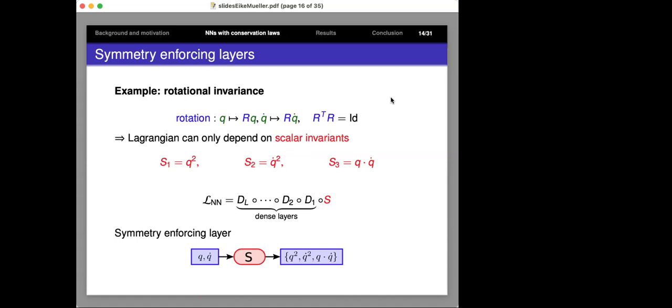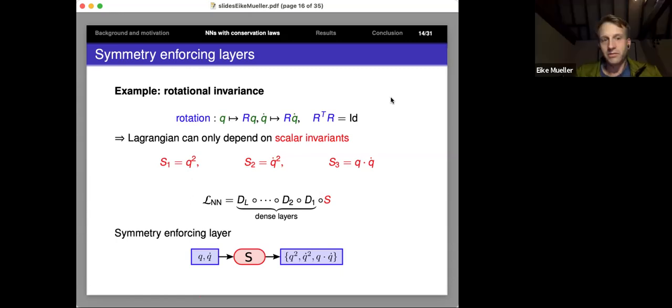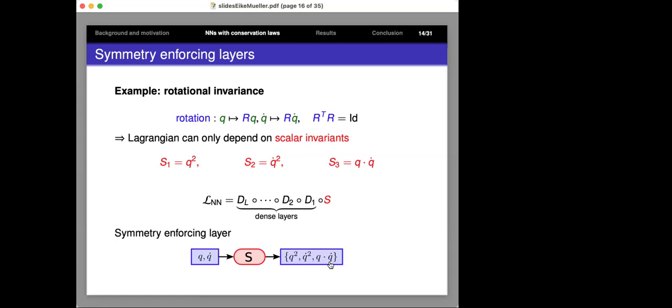Another related question: the input is also Q and Q dot. Why do you need the neural network to have Q squared and Q dot squared? What am I missing there? No, the input is Q and Q dot, and the output is Q squared, Q dot squared, and Q dot. Why do you need the network, the S, in between?